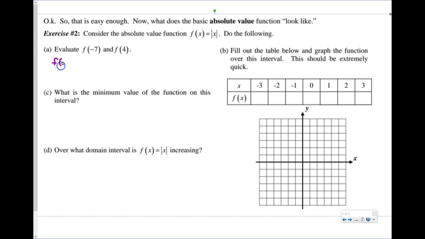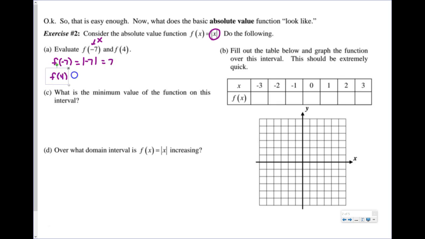So for f of -7, remember that what's inside is like saying x. So this is the absolute value of -7, because this is the function we're looking at right here. When I simplify the absolute value of -7, I just get +7. When I simplify the absolute value of +4, I get +4.